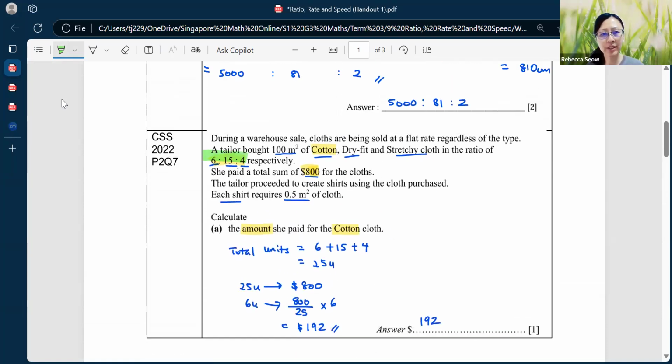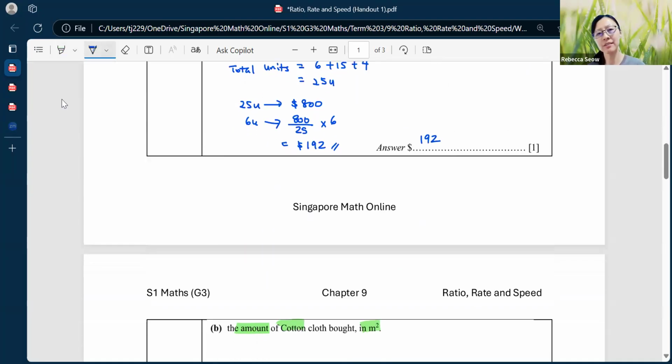We need to also focus back on the ratio and the total amount of cloth bought. Okay, now we can see that the ratio remains the same, which means that 25 units of cloth is in fact 100 meters square. So I'm going to put this down.